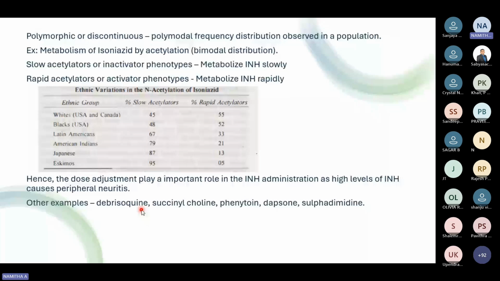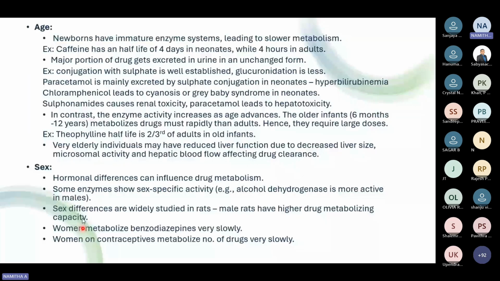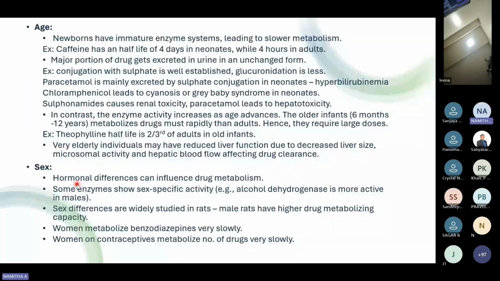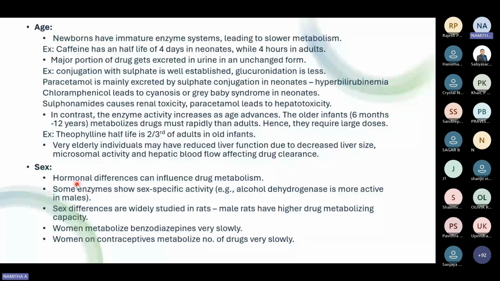Coming to the next factor, that is age. Newborns have very immature enzyme systems. This can lead to slower metabolism. For example, caffeine has a half-life of 4 days in neonates, whereas in adults it is 4 hours. The major portion of drugs gets excreted in the urine in an unchanged form in newborns.